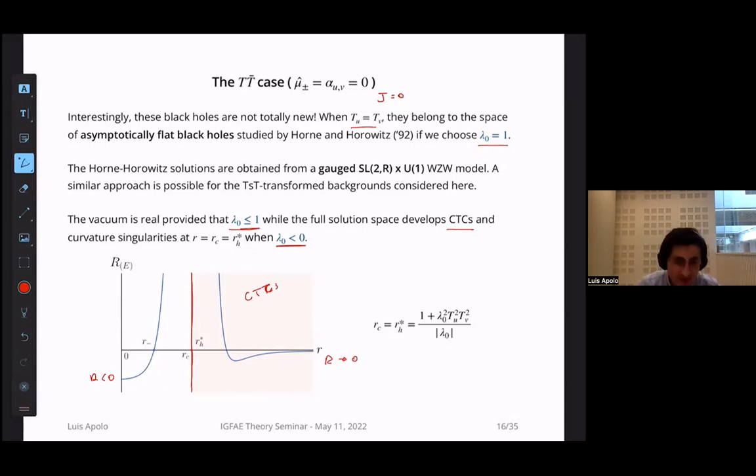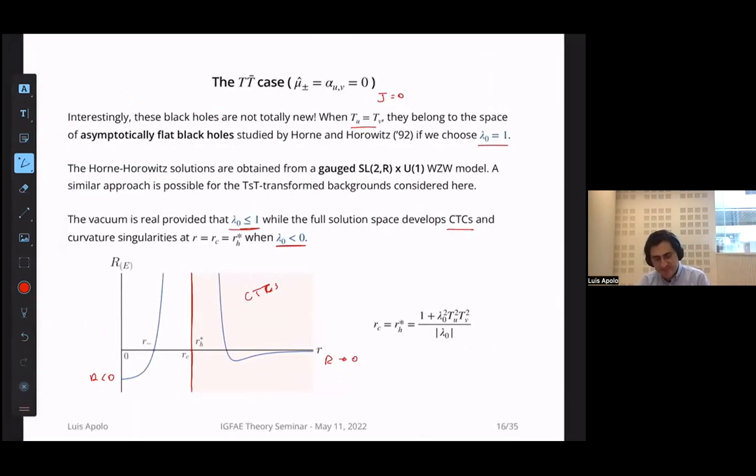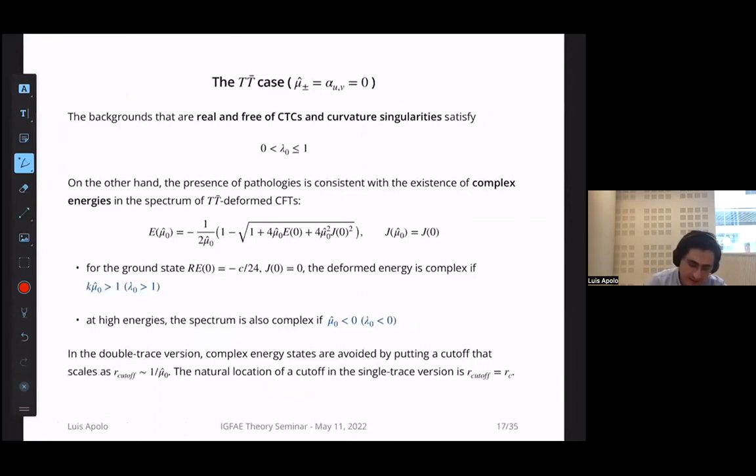Now, why do I mention these pathologies? Because from looking at them, we learn that the backgrounds are going to be healthy provided that this constraint is satisfied on the deformation parameter. Interestingly, the pathologies I just described are consistent with the existence of complex energies in the spectrum of TTbar deformed CFTs. I have written here the deformed energy of TTbar again.